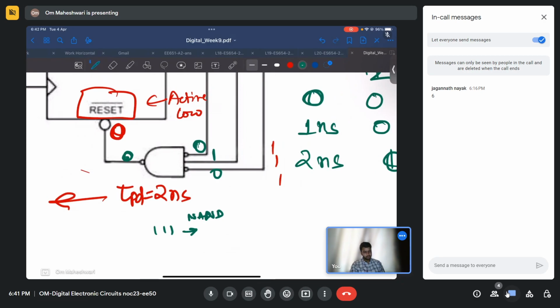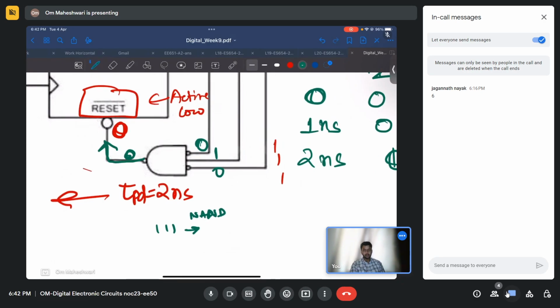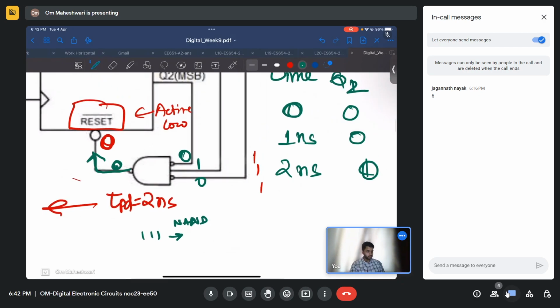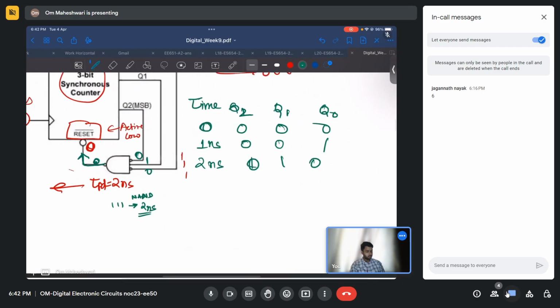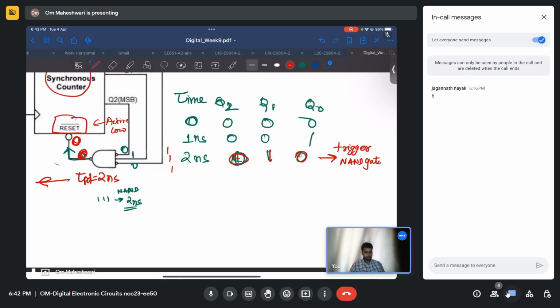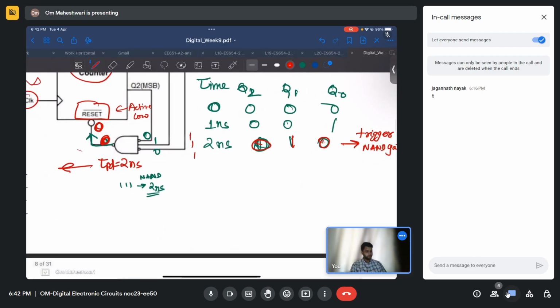So it will give 0 here, but only after 2 nanoseconds, right? So this 010 state will trigger the NAND gate, but it will give this 0 only after 2 nanoseconds.